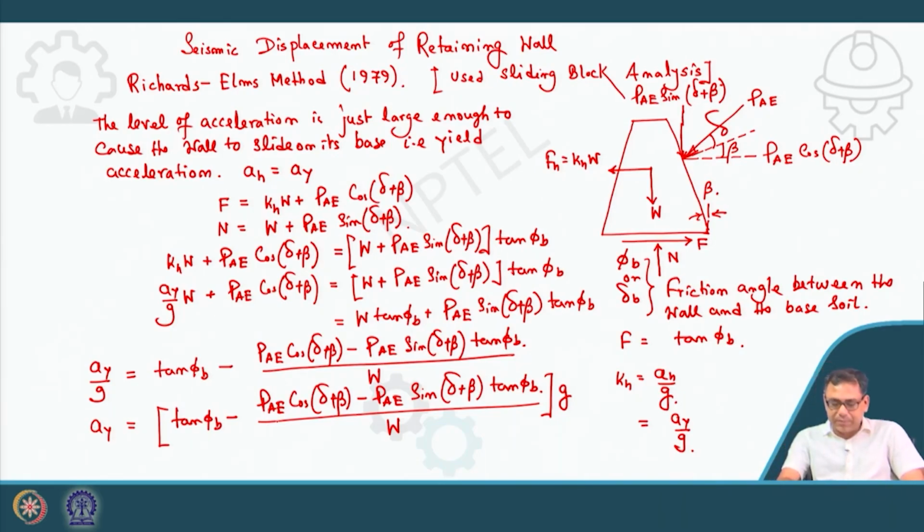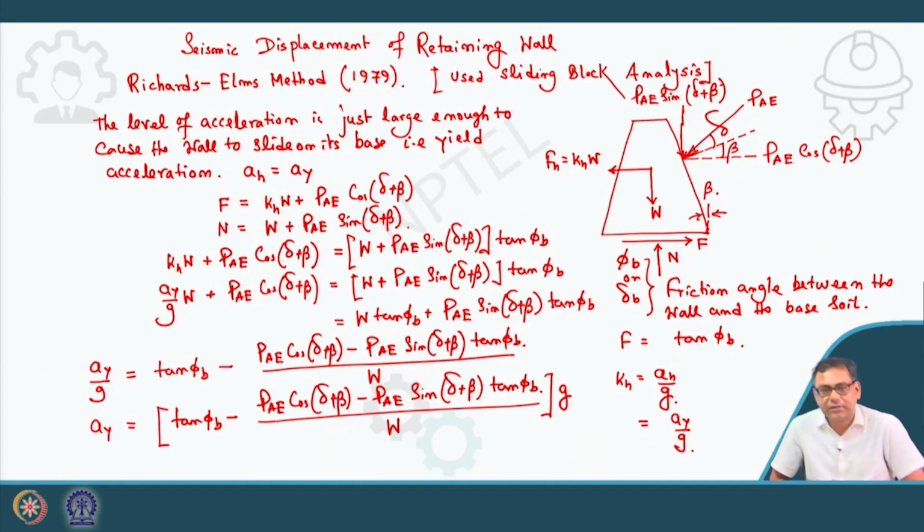Even in the PAE expression you need the acceleration, because that is your kh, you need kh actually. So from that kh, you need the acceleration. But unless you know the AY, how can you determine the PAE? Because there also you need the acceleration. So that's why it is an iterative process.